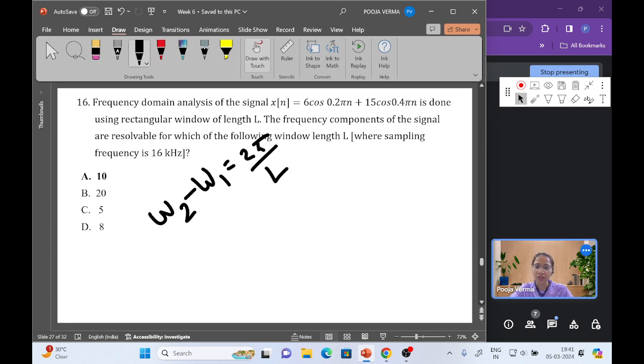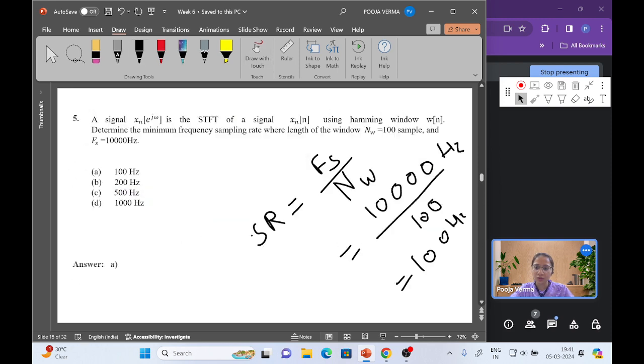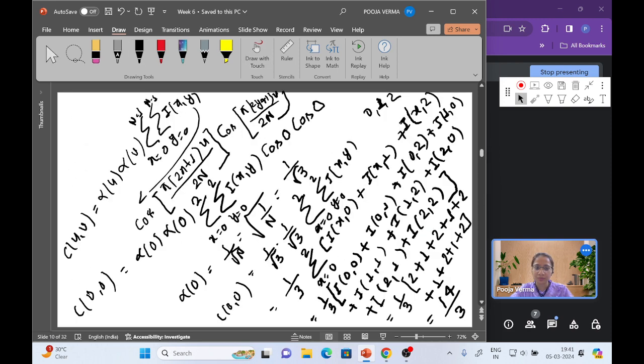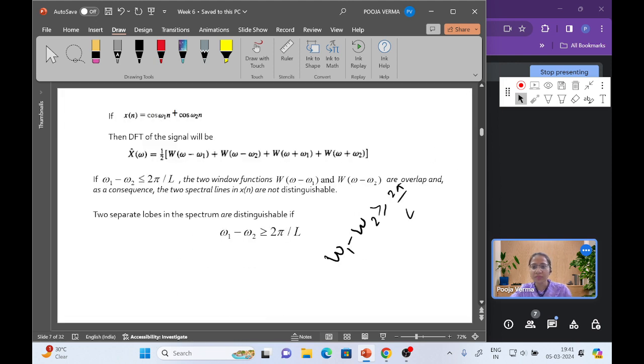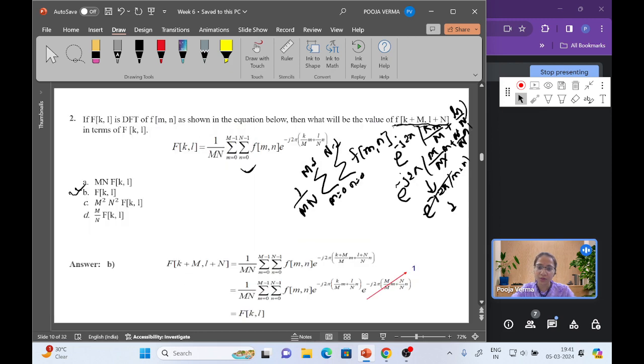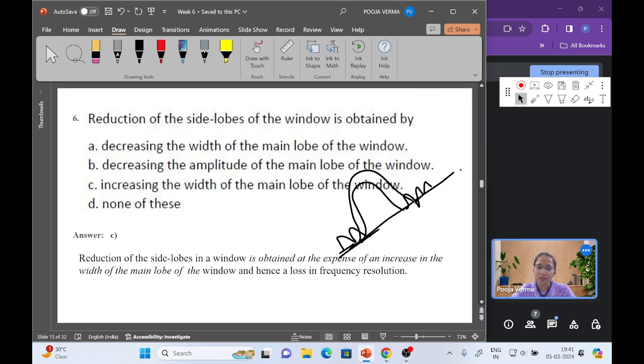I have already shown this formula previously. You can see here in this slide that omega 1 minus omega 2, or omega 2 minus omega 1, must be less than or equal to 2 pi by L. In order to find the exact length, it must be equal to it.